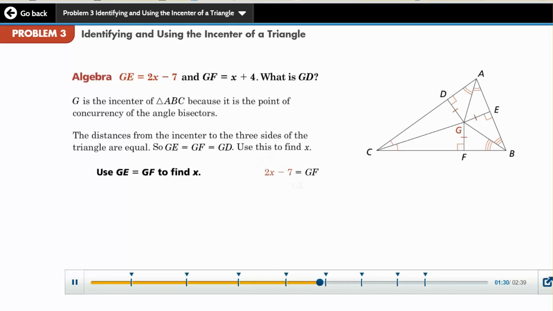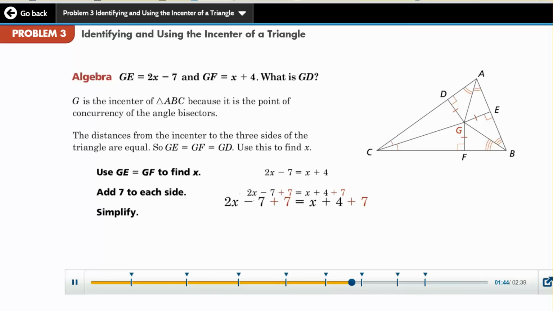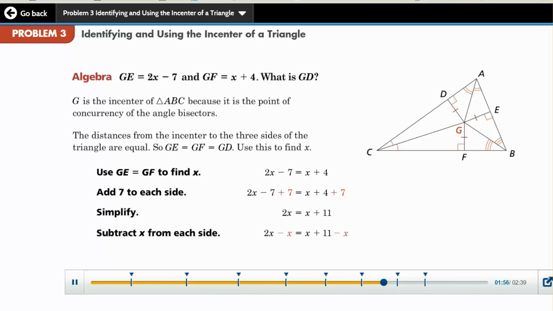Substitute 2x minus 7 for GE and x plus 4 for GF. Add 7 to each side of the equation. Then simplify. Subtract x from each side of the equation. Then simplify.